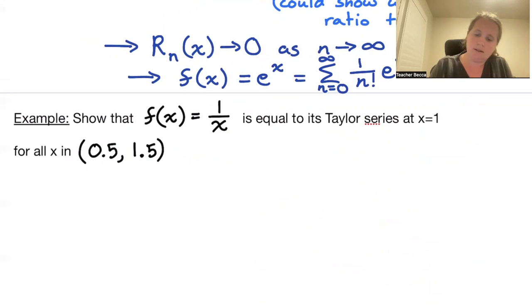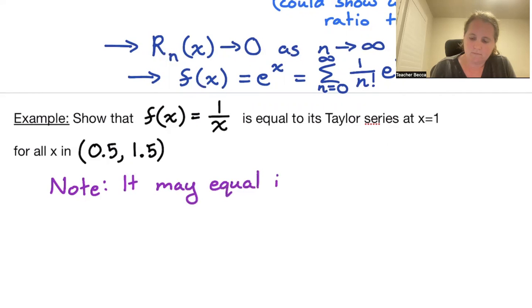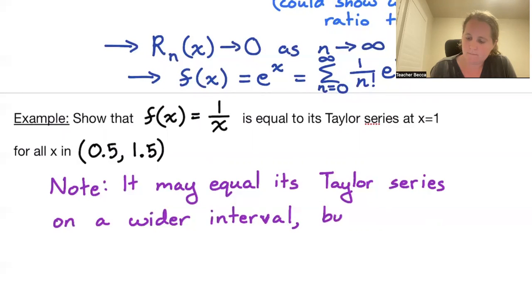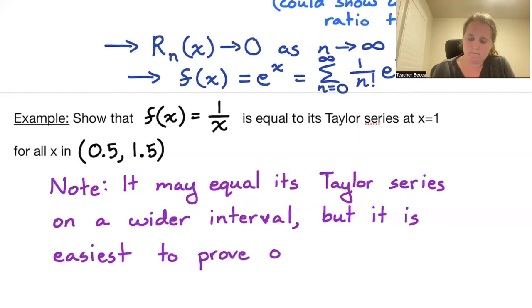Just a quick comment: it may equal its Taylor series on a wider interval, but it is easiest to prove on this narrow interval, from 0.5 to 1.5.